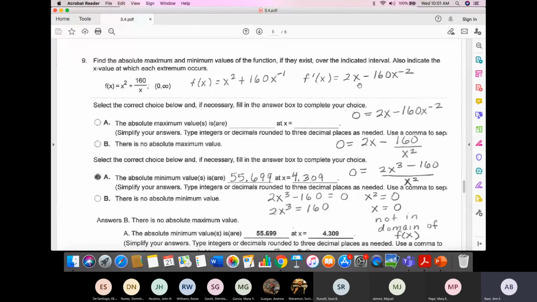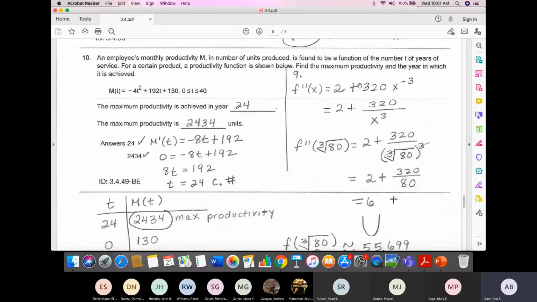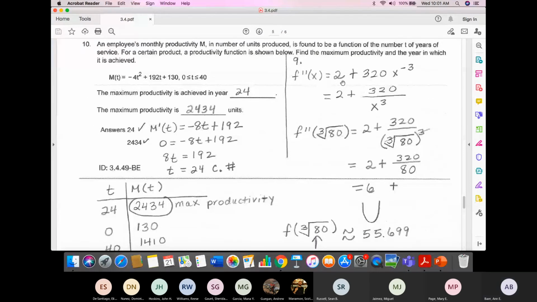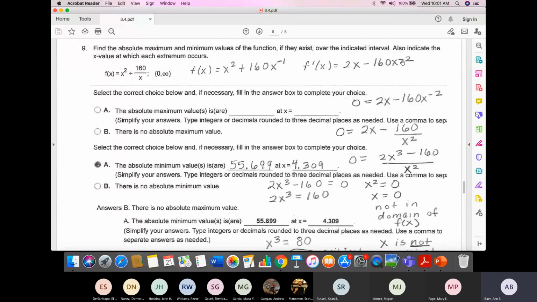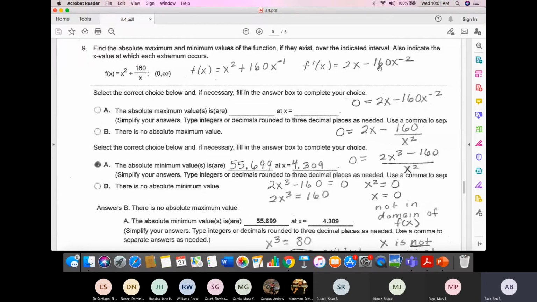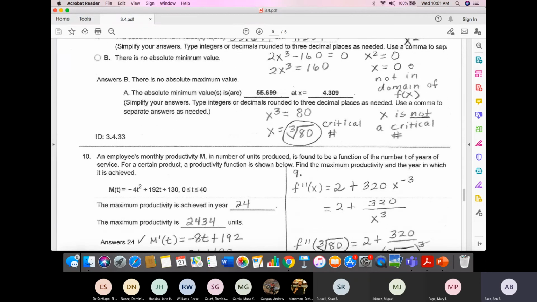The derivative of 2x is just 2. There's the second derivative. Then we differentiate this term, so that minus 2 comes down, multiplies with that negative to give positive 2 times 160. So 2 times 160 is 320, and then x to the negative 3.